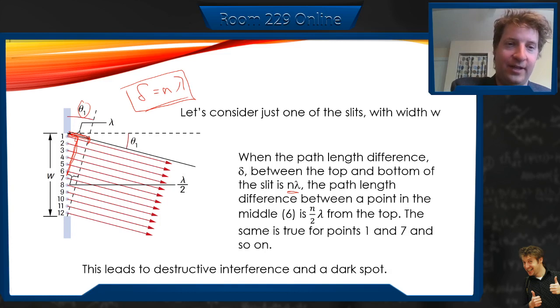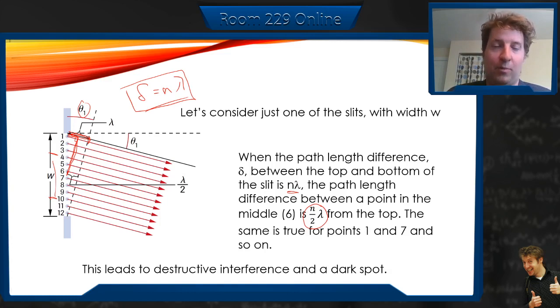All the midpoints or any sort of half length, say 3 to 9 or 3 to 10 or 2 to 8, any of those pairings are going to be at a path length difference of half. Okay, so that's a complicated idea. Maybe you should stop the video and think about that for a little bit.